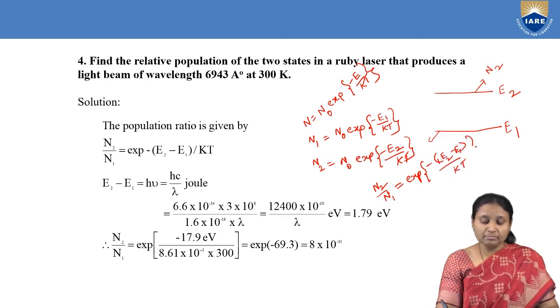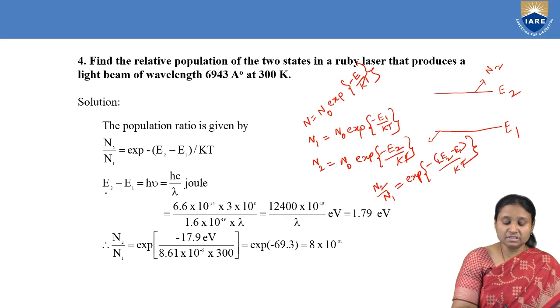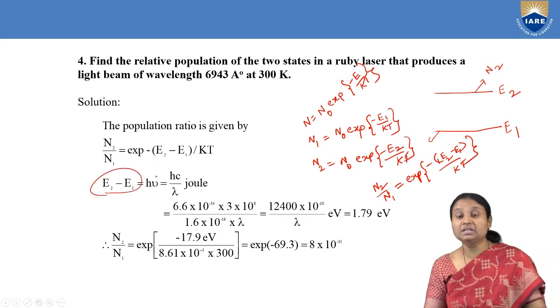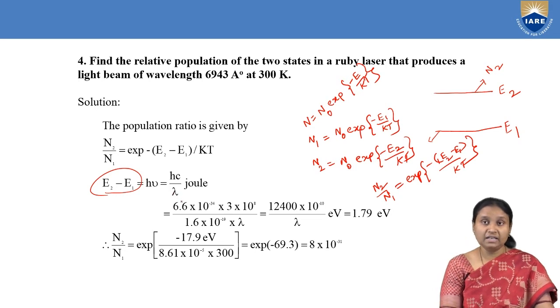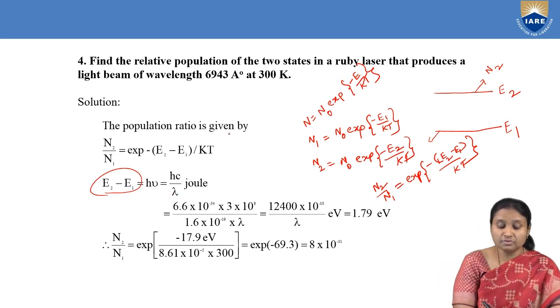But E2 minus E1 is nothing but the energy of the photon, which is h nu, that is hc by lambda. If we substitute here, the final formula for relative population is N2 by N1 equals exponential of minus h nu by kT.